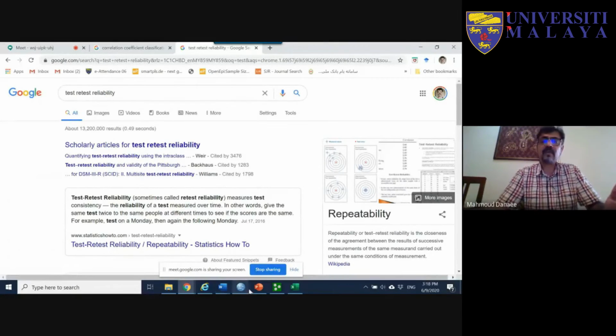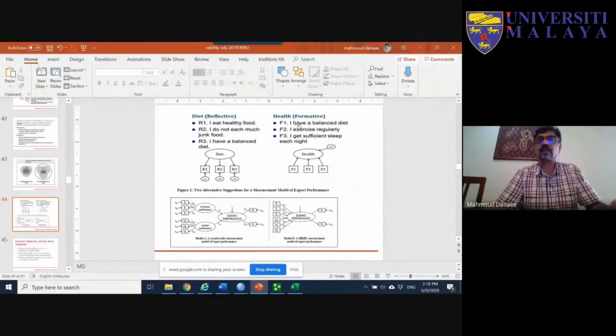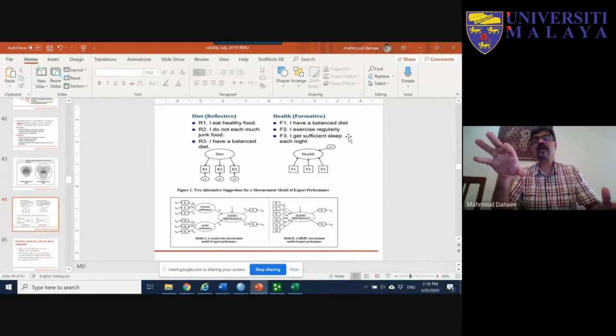For example, if you ask me, do you have a balanced diet? Yes. Do you exercise regularly? No. Do you get sufficient sleep each night? Sometimes. So, of course, the answers are not correlated. But if you ask me the same questions after 1 week, you will get the same results. In this case, we do the test-retest reliability.